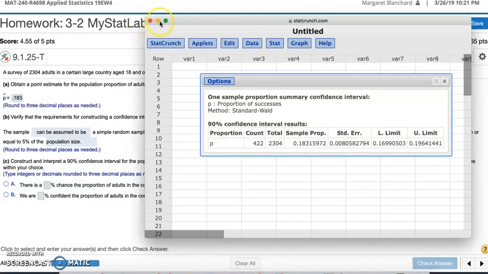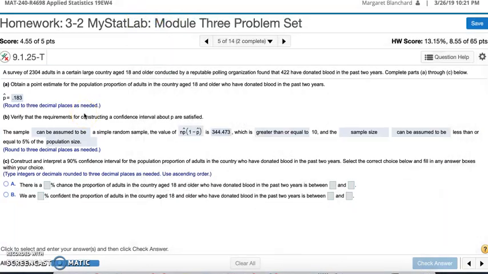Let's plug those in. Okay, so first we need to decide between A or B. It says we are blank percent confident, or there is a blank percent chance. Now, remember when we interpret a confidence interval, we're saying that we are a certain amount confident that the population proportion lies in that range or that interval.